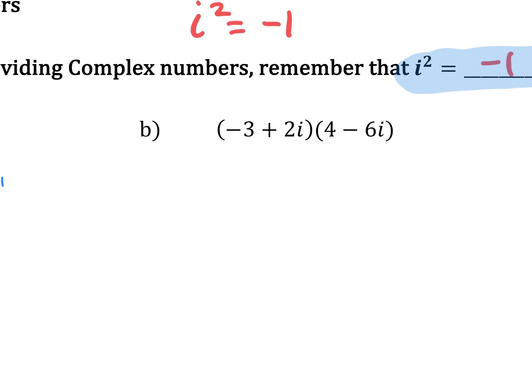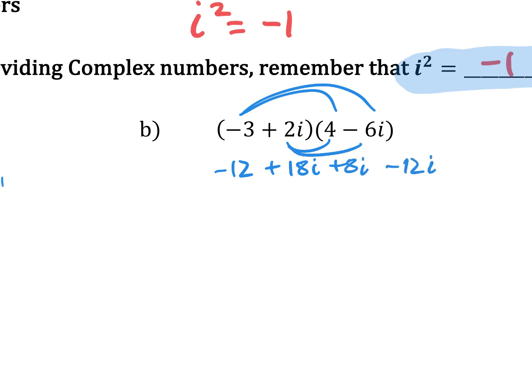All right, we should get something like this. -12, positive 18i, 8i, and negative 12i squared. Again, just treating it like a variable right now. Combine like terms. And now is where we want to swap out the i squared for a negative 1.